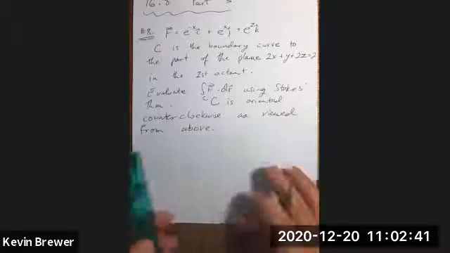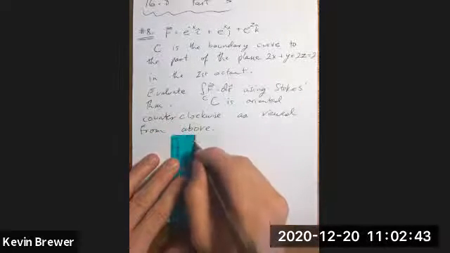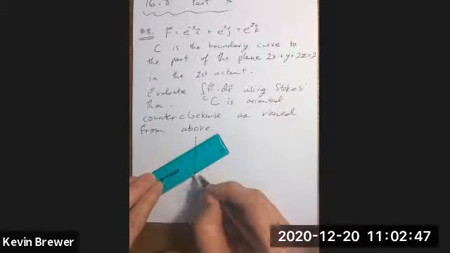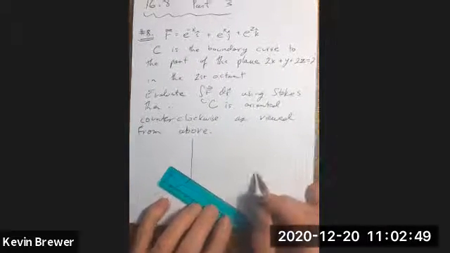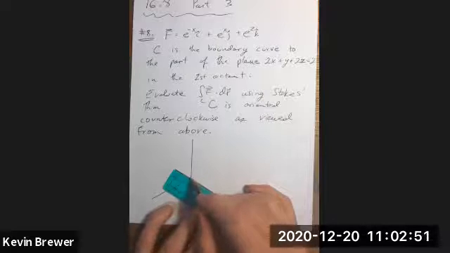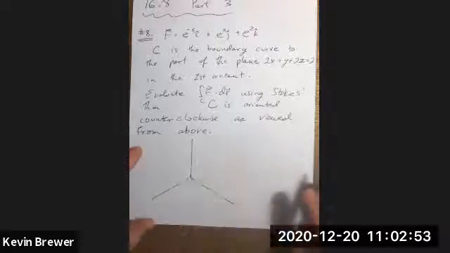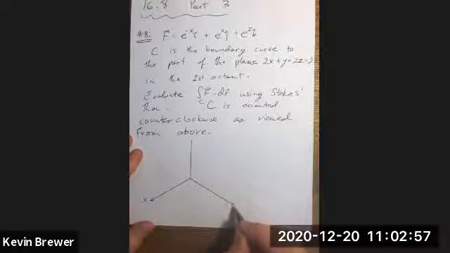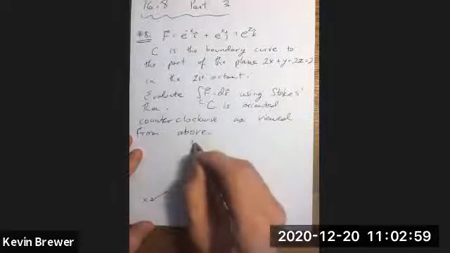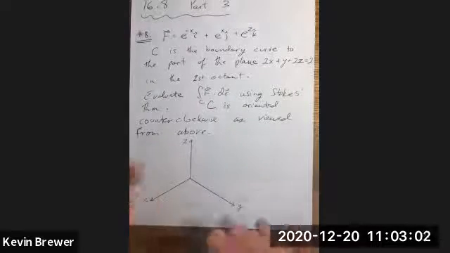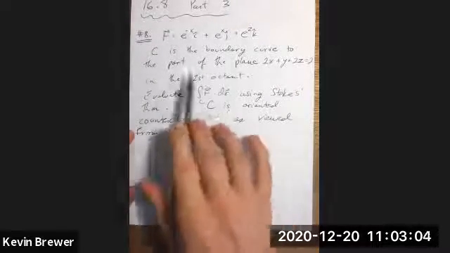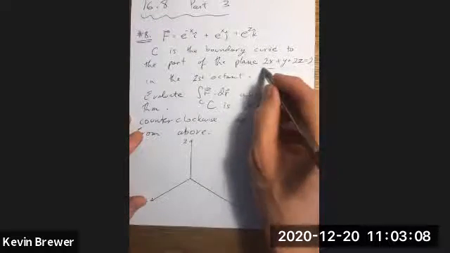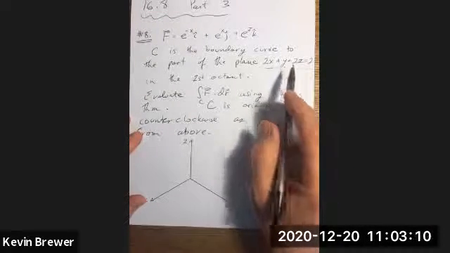So let's look at this a little bit. So we have the first octant coming out of the page here. Let's see, where's my plane? Let's just quickly plot the intercepts here.